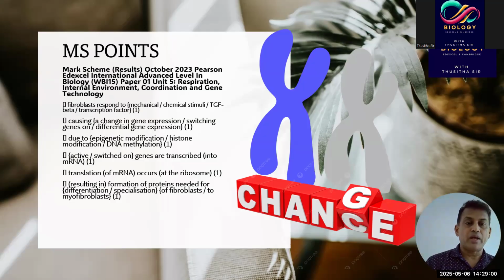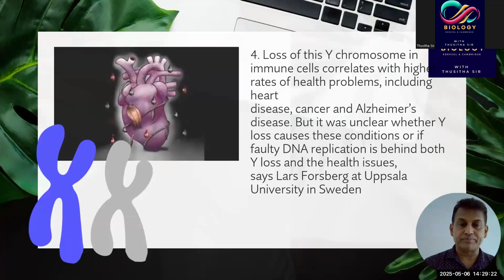I included these points again because I clearly predicted this question for the 2023 paper, and the same question was asked. There's a chance of the same thing being asked again. The marking scheme points are given, mostly AS knowledge, and I explained this one, and here you can see the marking scheme points.